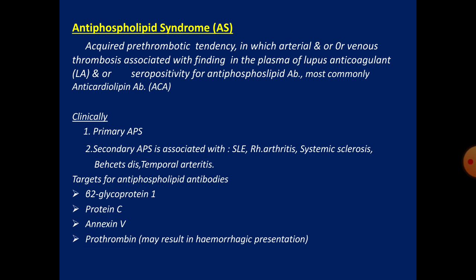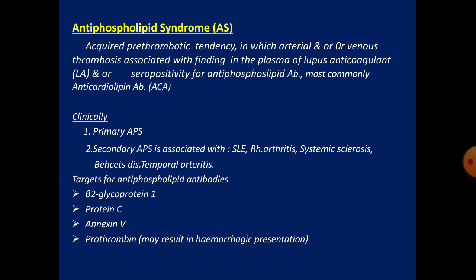What about antiphospholipid syndrome? Antiphospholipid syndrome is an antibody-mediated, acquired prothrombotic tendency, in which patients are liable to arterial or venous, or sometimes mixed, thrombosis.